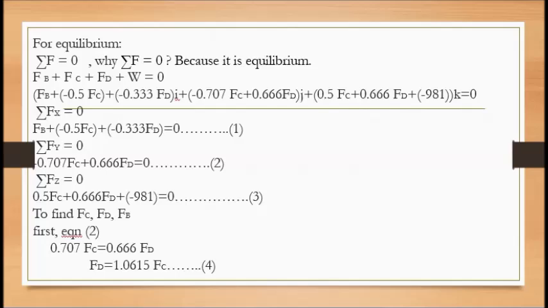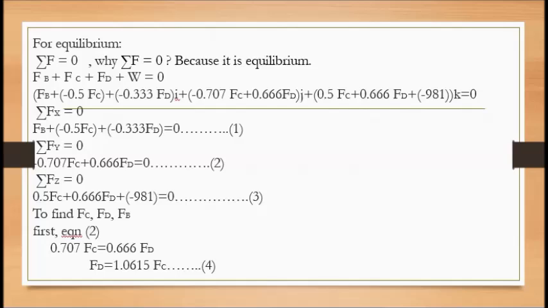So we're going to be solving simultaneous equations. We can see that the j and k equations have only 2 unknowns, FC and FD. If we take the second equation, the j equation, we can rearrange it so that 0.707 FC is equal to 2/3 FD. So FD is going to be 1.0615 FC.